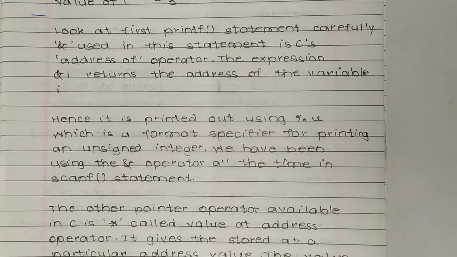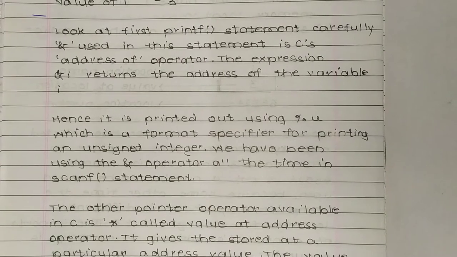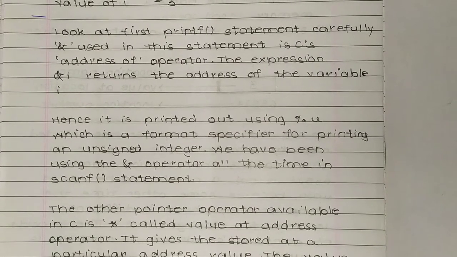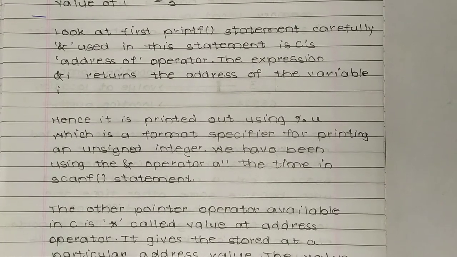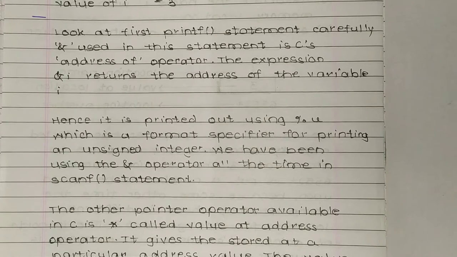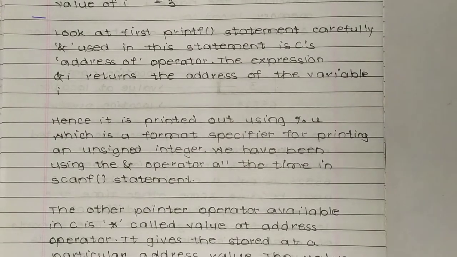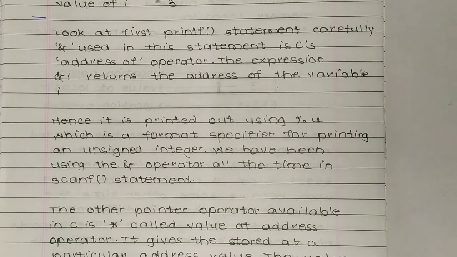Look at the first printf statement carefully. In this statement, it uses the address of operator. That means the ampersand, which is used in this statement, is C language's address of operator. The expression &i returns the address of variable i.